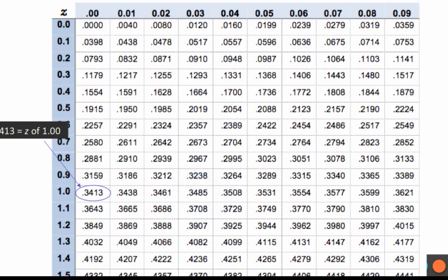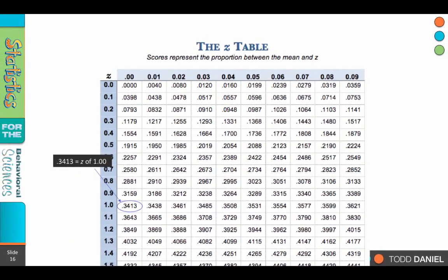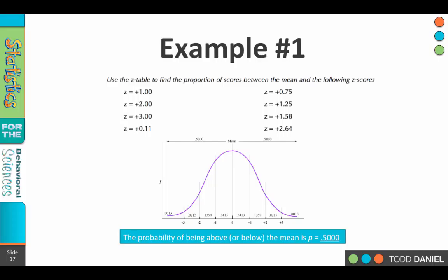How about 1.28? 0.3997. And remember, these proportions can be converted to percentages by moving the decimal point 2 places to the right. So 0.3997 would be 39.97%.